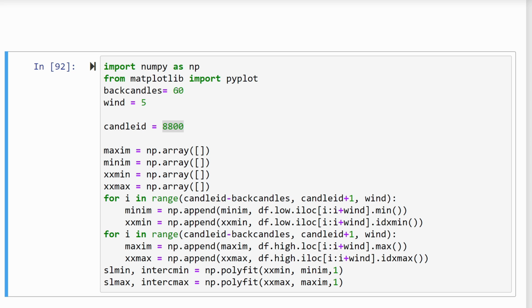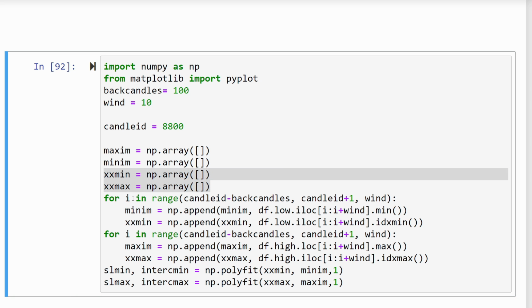Obviously, these are user-defined variables, so you might want to experiment with these, changing the number of back candles and the width of the slicing window. You might, for example, use 100 candles and divide these into windows of 10 candles each, in which we are looking for the maxima and the minima points that we are going to store into these two arrays, along with their positions.